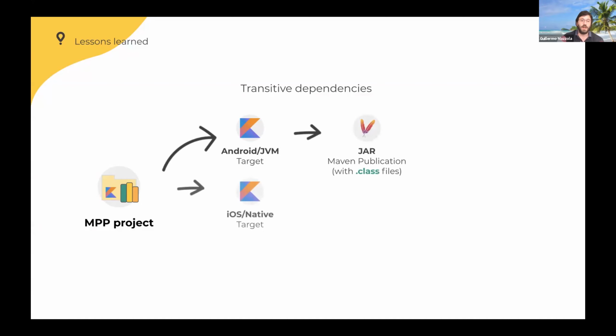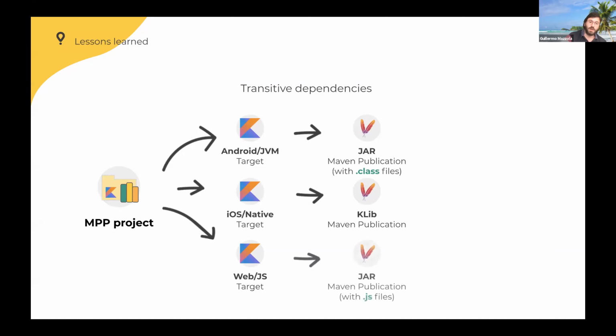If you declare an iOS native target, it will also create a Maven publication, but instead of having a jar artifact, you will have a Kotlin artifact, which is basically the lib compiled for the native. And if you declare a JavaScript target, the Kotlin Multiplatform plugin will also generate a jar, but instead of class files inside, you will have JavaScript files inside.